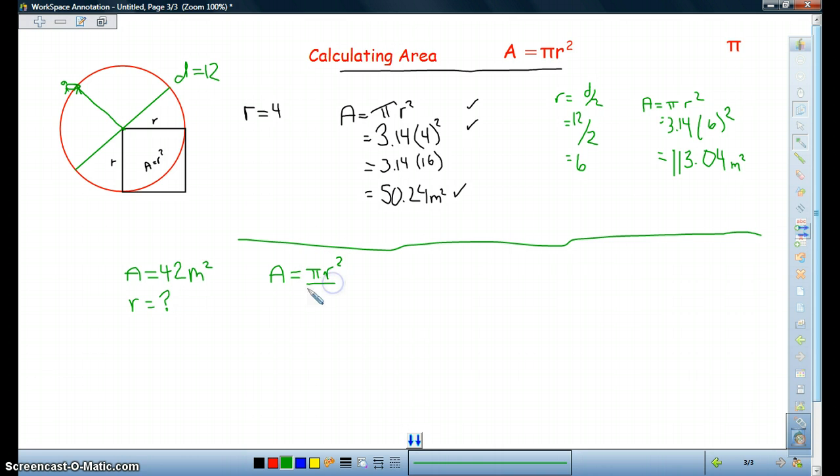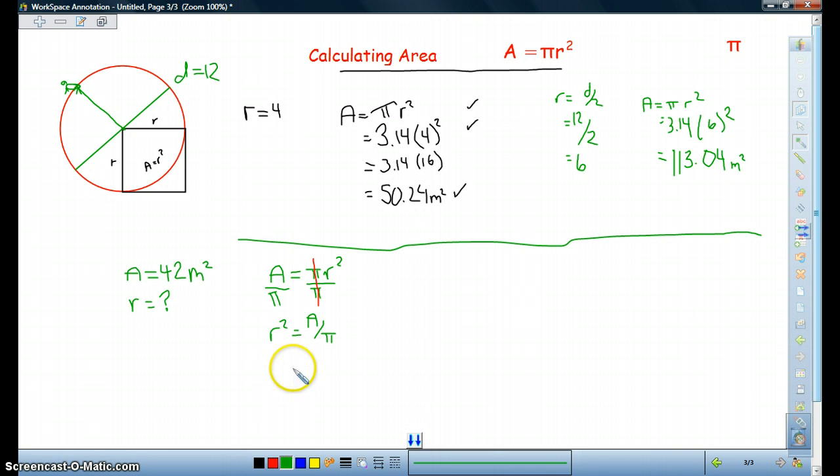So what's 3.14 divided by 3.14? Well, it's 1, so it cancels out. So now I know that those are going to cancel because they're worth 1, and I can say that radius squared equals area divided by pi.